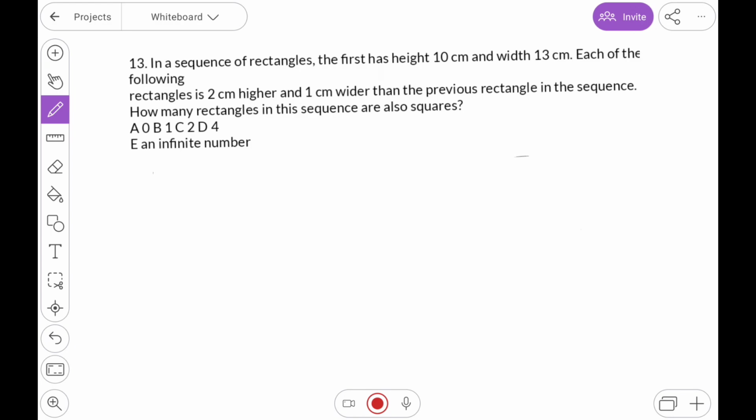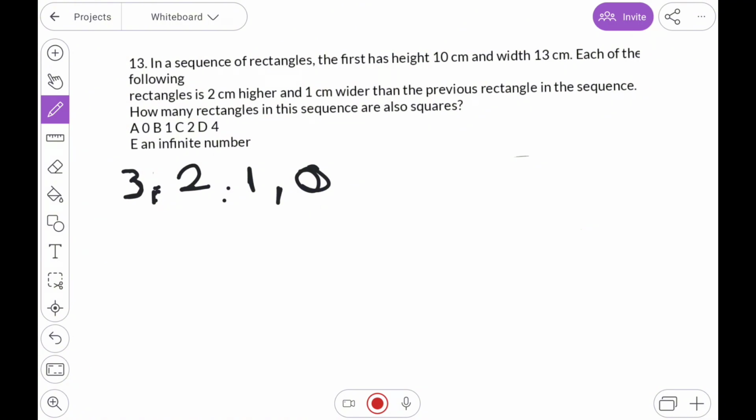Okay, so in this we'll have to just make a sequence sort of thing, because the difference between the height and the width in the first rectangle is 3, and then it becomes 2, and then it becomes 1, and then it becomes nothing. That nothing on the fourth pattern is a square.